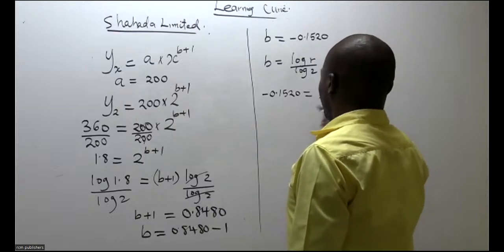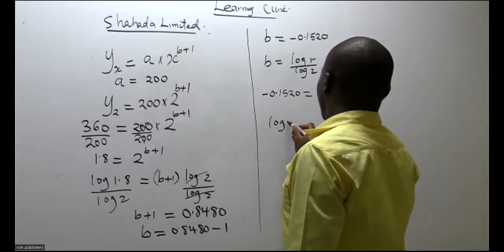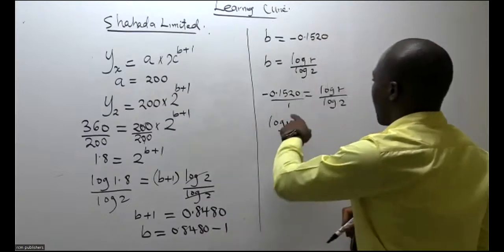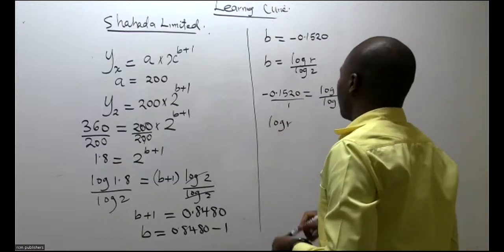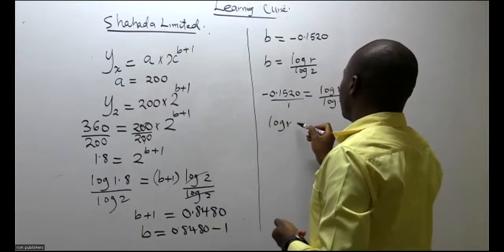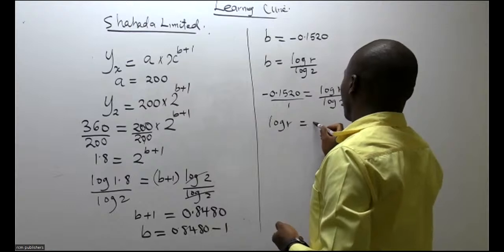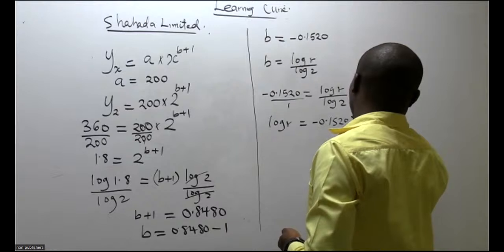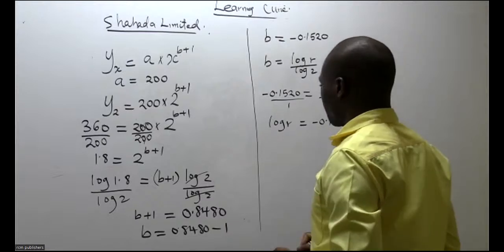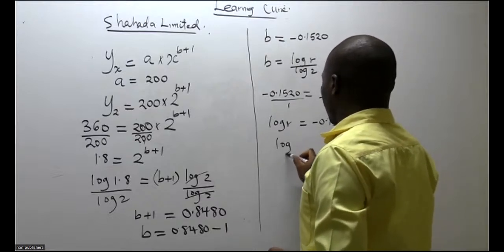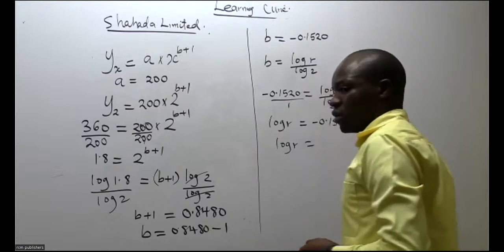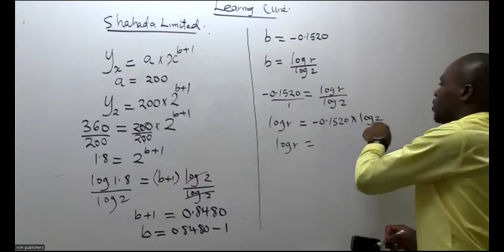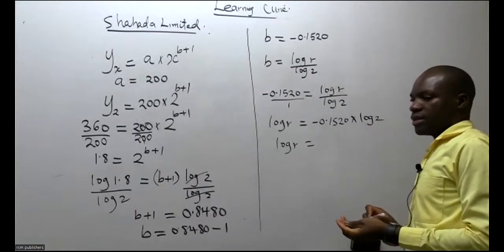This R is unknown, so you cross multiply. Log R is equivalent to negative 0.1520 times log 2. So our log R will be the answer times log 2.